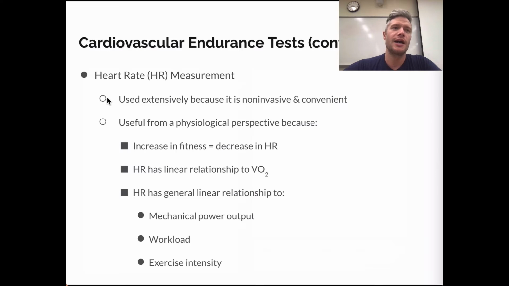Now, I have spoken about this in lab, and I will speak to it again. The heart rate that you get typically from watches, once you get exercising, by and large, is quite inaccurate. It is not a great representation most of the time for most people.